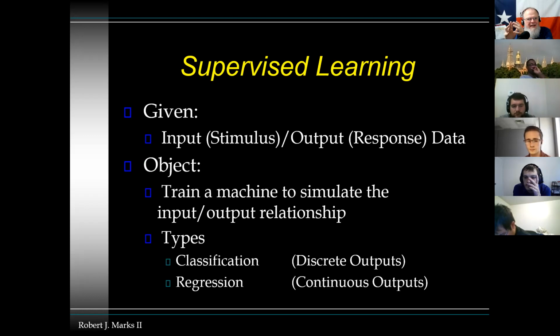So it's taking the input-output data that you have, and it's generating a system which duplicates or simulates that input-output, just like the pod was copying the original person. And so that's the idea of the neural network. The object, as you see here, is to train a machine to simulate the input-output relationship.